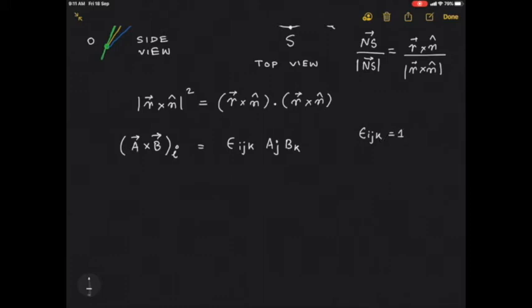Okay, what is epsilon ijk? Well, epsilon ijk equals 1 if i comes before j and j comes before k. It equals -1 if not satisfied.